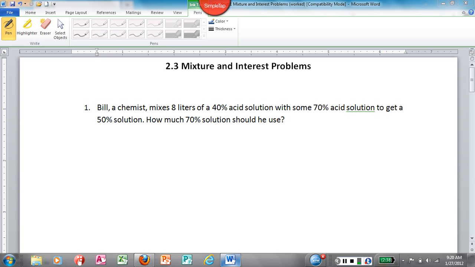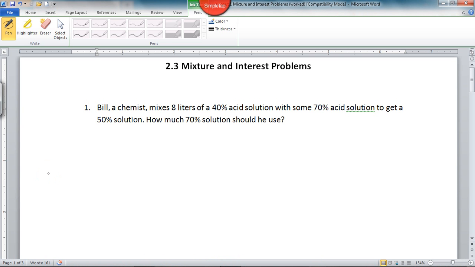As in most word problems, to set it up you want to either draw a picture or do a table, and label, ultimately to get some type of equation out of the mix. In this case, I like to draw a picture, and the picture is just of the containers.